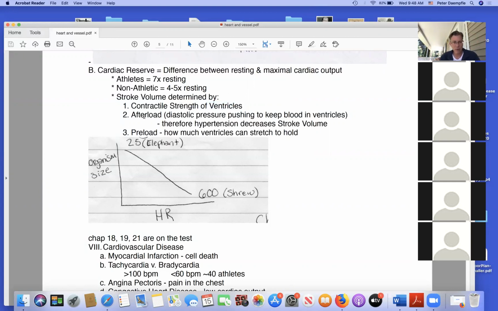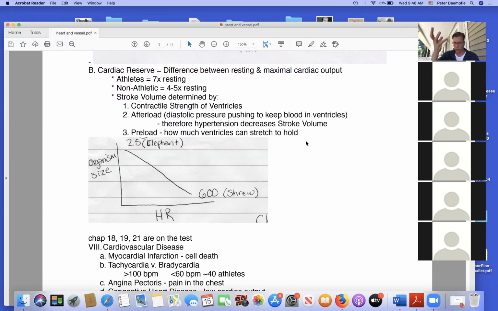Then we have afterload and preload. Let's go to preload first. Preload is how much the ventricles can stretch to hold, how much is accommodated in the heart. If you have a fibrous old heart that doesn't accommodate the liquid, then it has bad preload. Afterload is often mainly determined by the low number in your blood pressure, diastolic pressure.